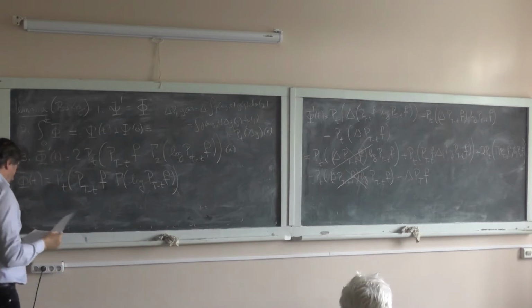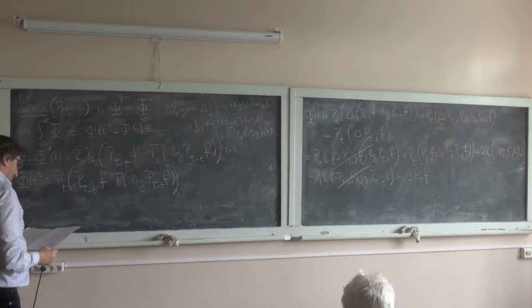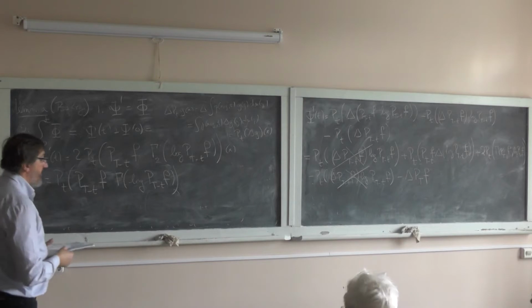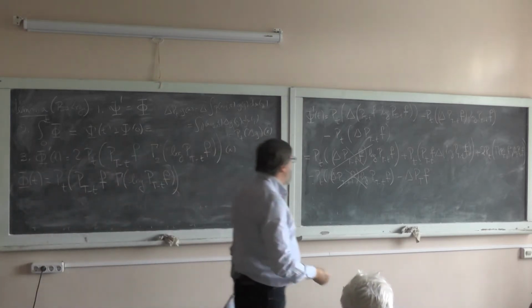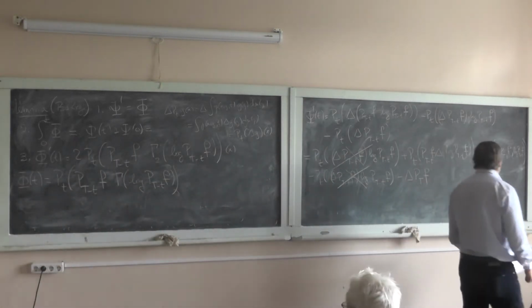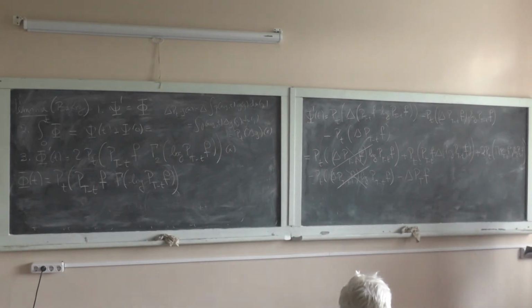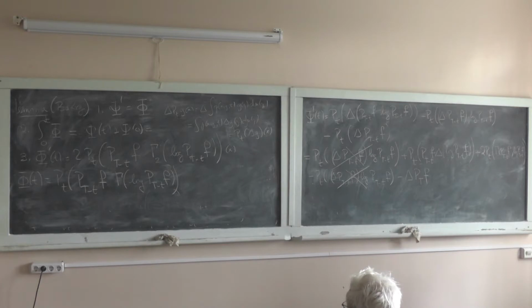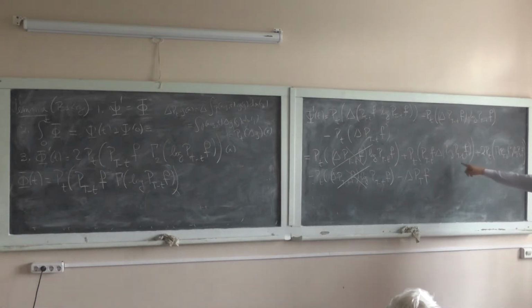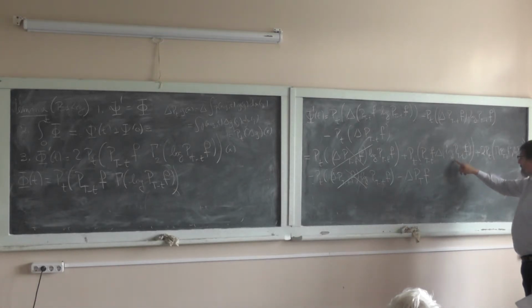Let's check that that is the correct definition. Okay? So let's see. We have to do something here. We have to do something, and let's do something with this object first.